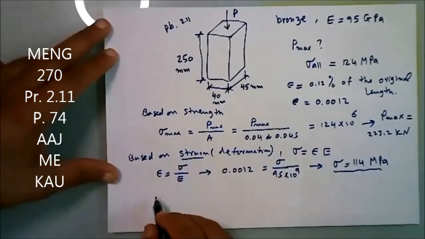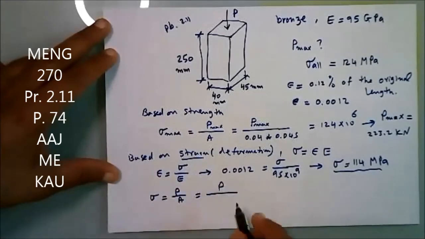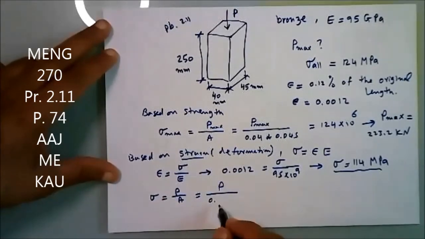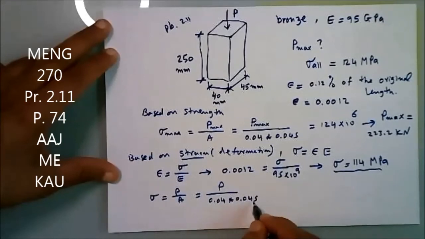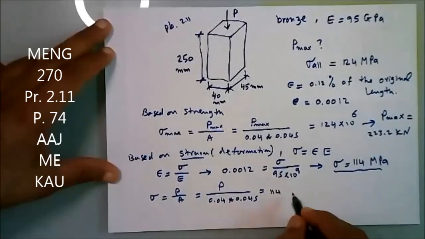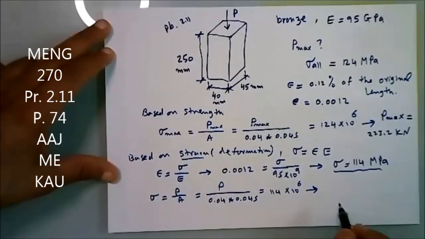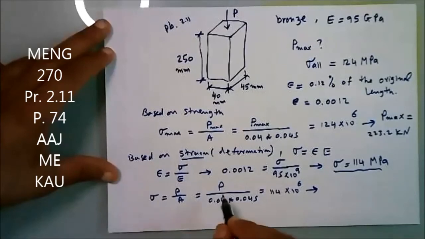Okay. Now again, based on this value, we can find the maximum force based on strain. So again, sigma is equal to P over A. Here is P. Area, what is the area now? 0.04 times 0.045. And this is equal to 1.14 times 10 to the power 6. Can someone solve for the P here?